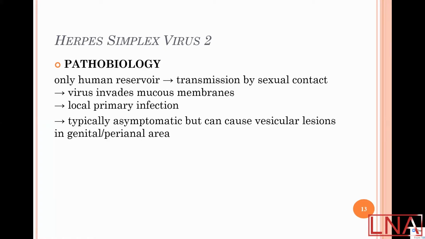Transmission is primarily by sexual contact. The virus invades mucous membranes and causes local primary infection, the same as herpes simplex 1, typically asymptomatic, but it can cause vesicular lesions in the genital or perianal area. And as I said, if it's oral sexual contact, the primary infection can be seen around the mouth, on the lip border.